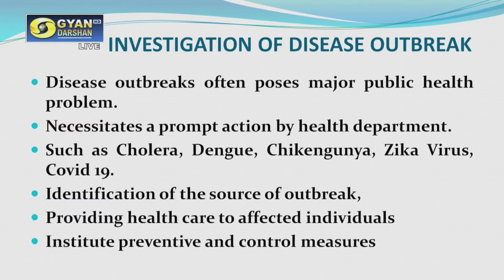So keeping all these things in mind, let us now come to know about the various steps, so that you are aware in advance how to investigate an epidemic in the community step by step.